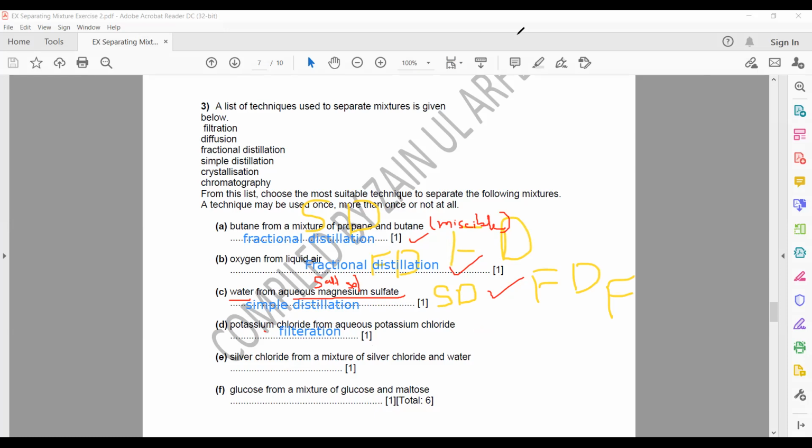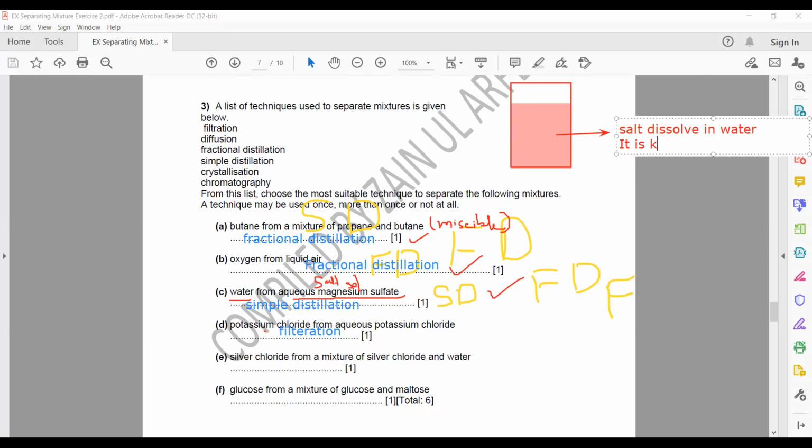So when you need a salt, for example, if I say I have a salt solution, when a salt dissolves in water, it is known as aqueous solution.